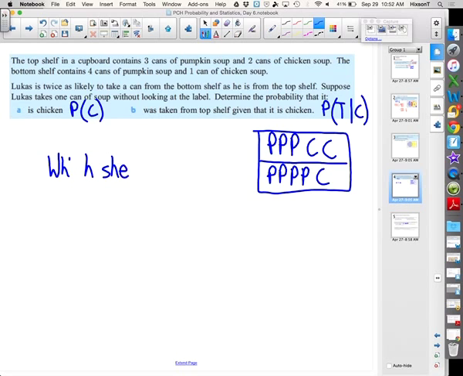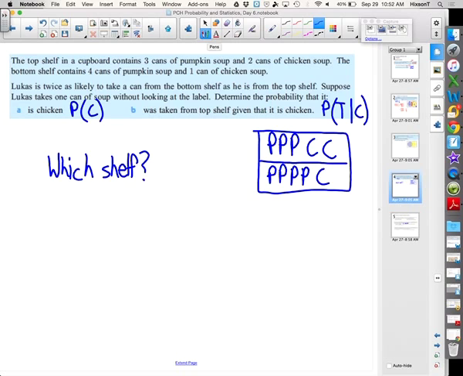Doesn't like that one spot for some reason. Which shelf? Try scrolling. There. Not sure why it didn't like that, but okay. So I should spell it correctly too. Which shelf? There we go.